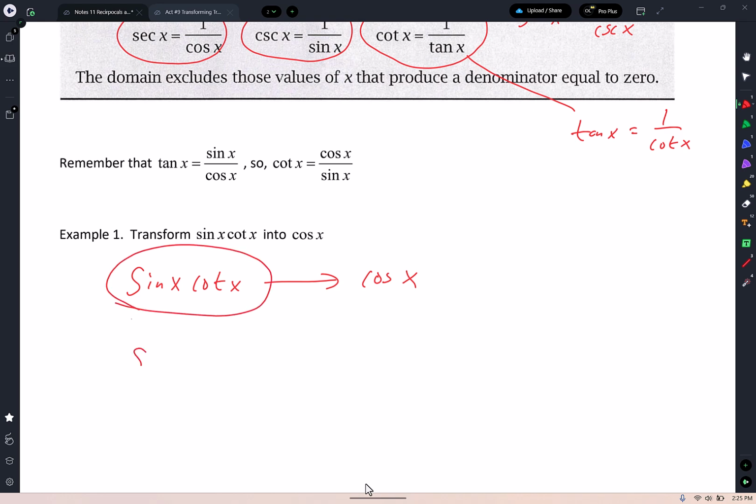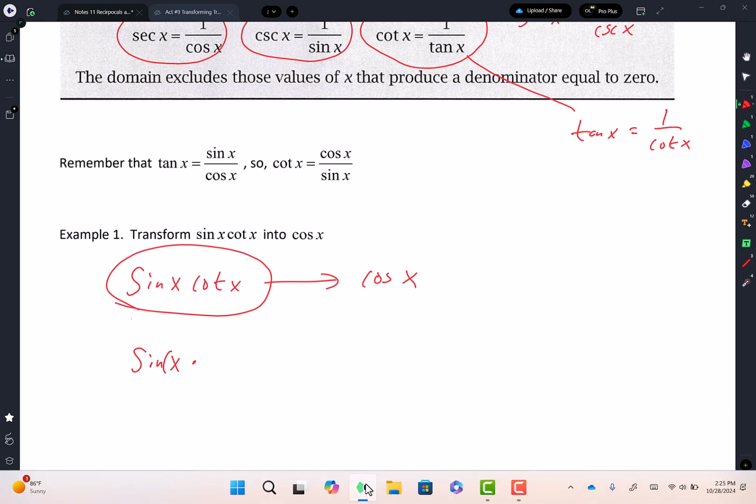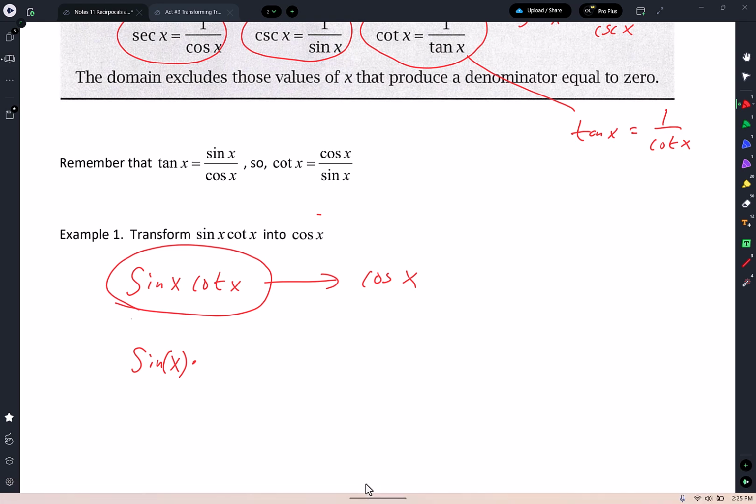I go sine x times, and I'm going to break cotangent down into cosine and sine. So cotangent is cosine over sine, so I'm going to go times cosine over sine.